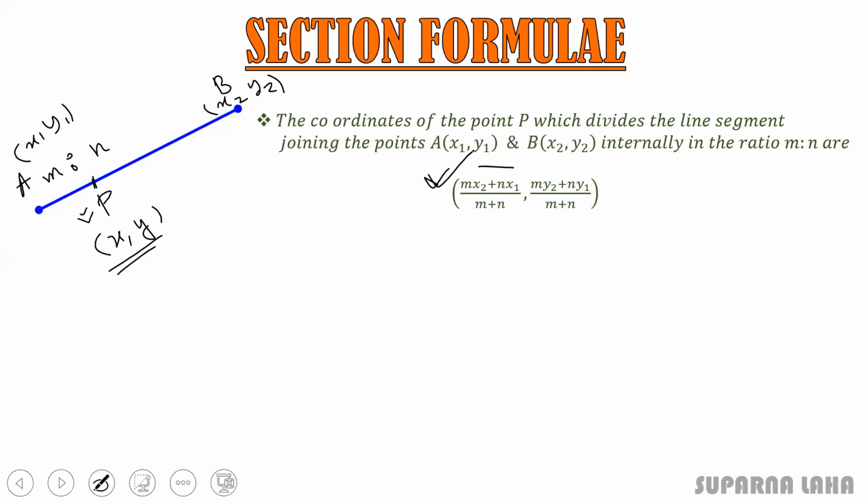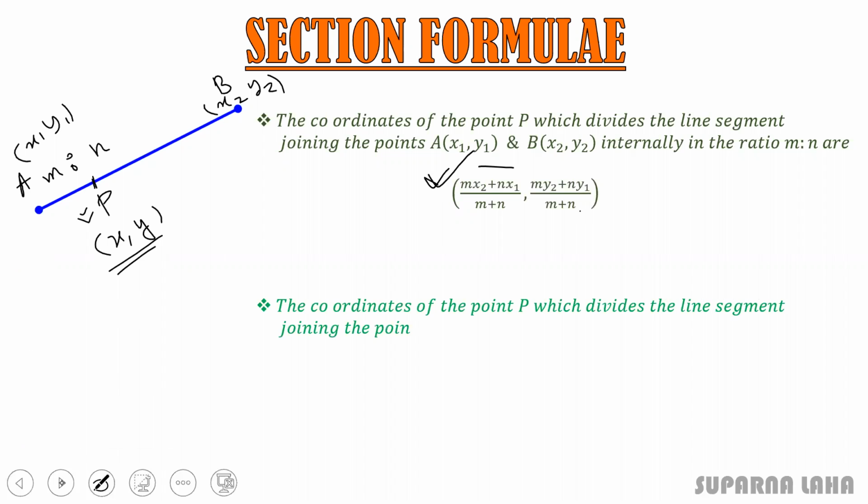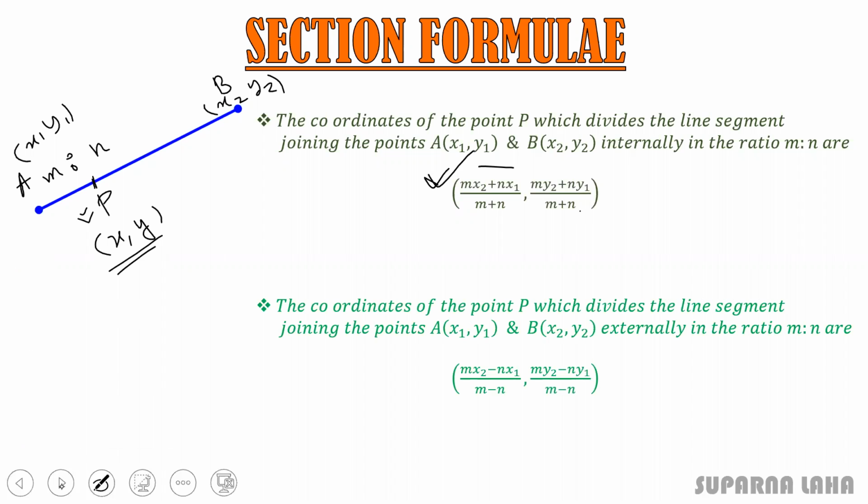This is the coordinate of P. Okay, so if P is cutting this line AB internally, that time this is the coordinate of P. Now if P is cutting or joining this line AB externally, that time this coordinate of P will be changed into (mx2 minus nx1) by (m minus n), (my2 minus ny1) by (m minus n).